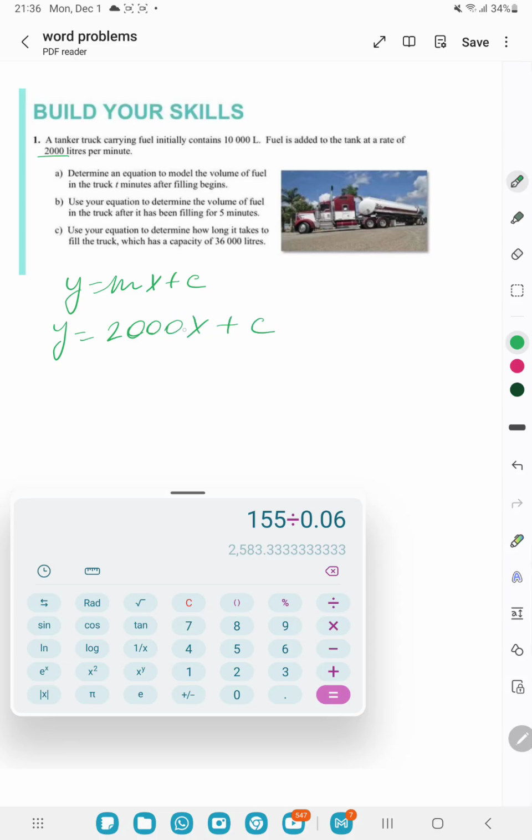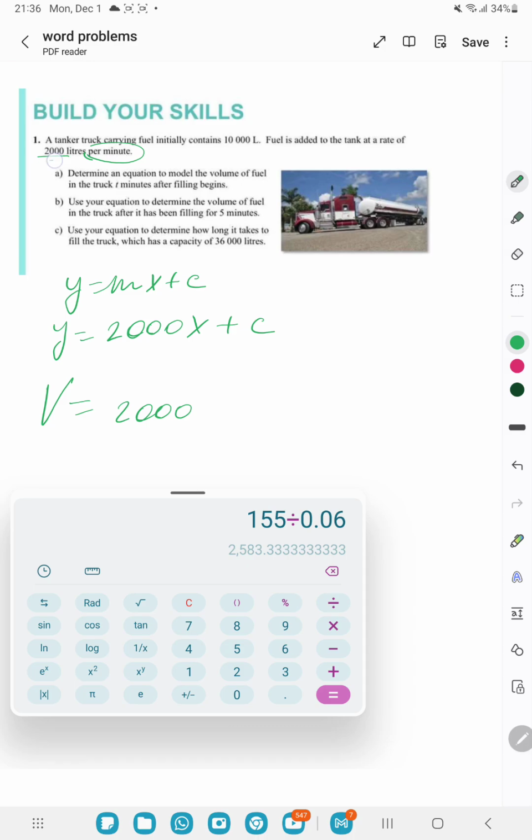Determine an equation to model the volume of fuel in the truck t minutes after filling begins. It's the volume, in liters. So volume equals 2,000 per minute.